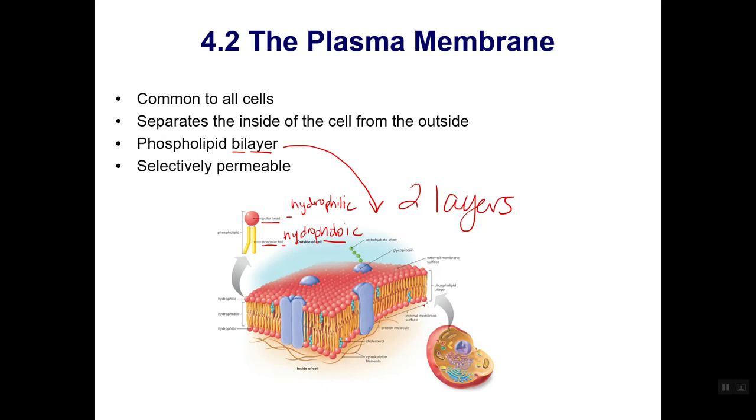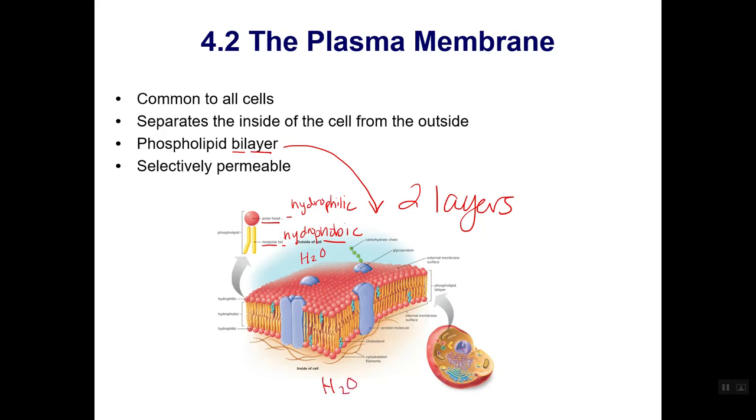Now, why is it orienting itself this way, where the polar heads are on the top and the bottom, and all the fatty acids are sandwiched in between? The reason is because the outside of the cell is mostly water. The inside of the cell, which is over here on this side of the plasma membrane, is mostly, again, water.